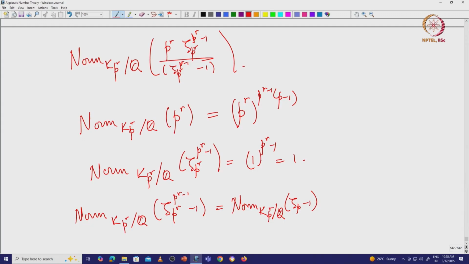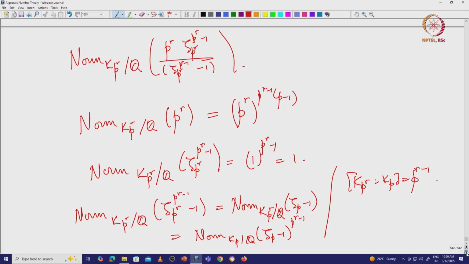This quantity ζ_{p^r}, if you raise it to the p-th power, you get ζ_{p^{r-1}} and so on. So this is the same as this, and so this thing is the norm from K_p over Q of ζ_p minus 1 to the power p^{r-1}, because the degree of K_{p^r} over K_p is p^{r-1}.